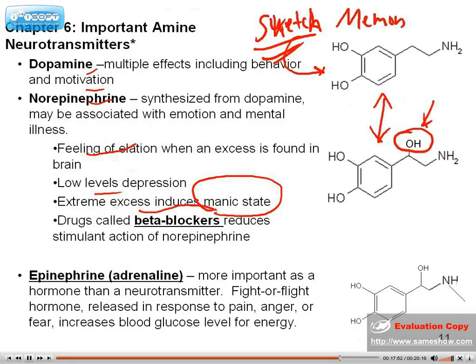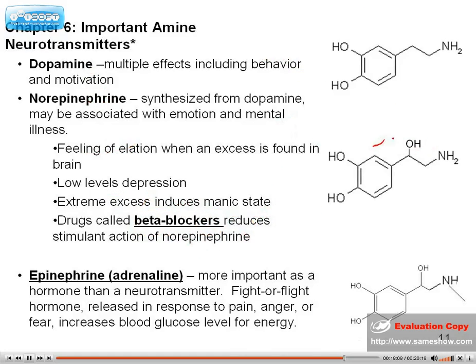Drugs called beta blockers reduce the stimulation of norepinephrine, and with less norepinephrine, you have less extremes in the manic state. And notice the only difference between these two molecules is the hydroxyl group.